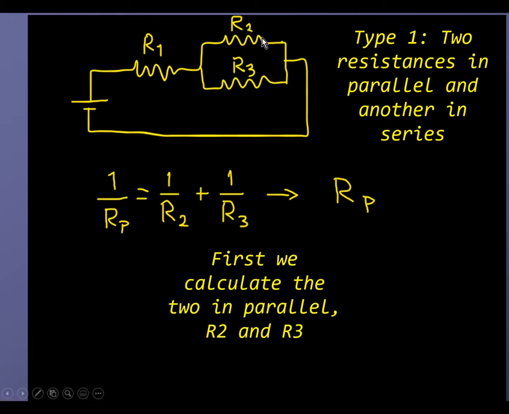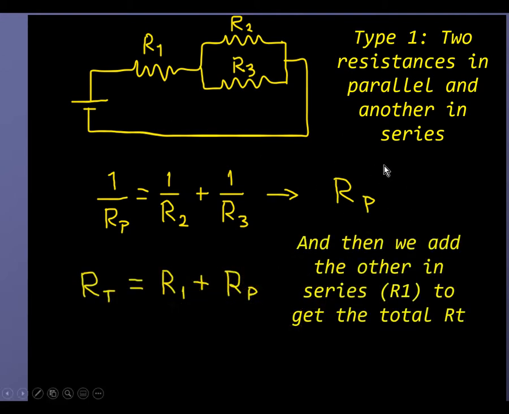Okay, so we work out these two, and then we get the parallel resistance. Once we have the parallel resistance, it's very easy because we only have to add this result to the first resistance, the number 1, which is in series. So the total resistance will be the result of adding the first one plus the parallel one we have calculated. Later we're gonna see an example.